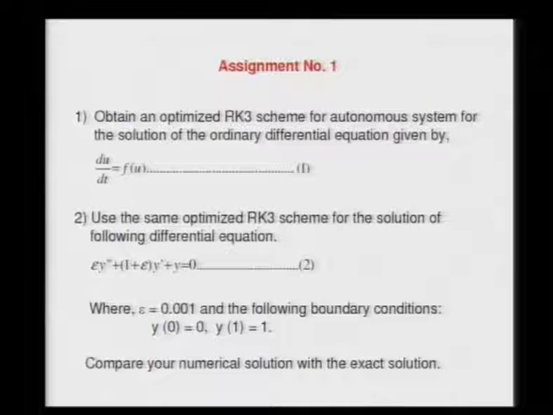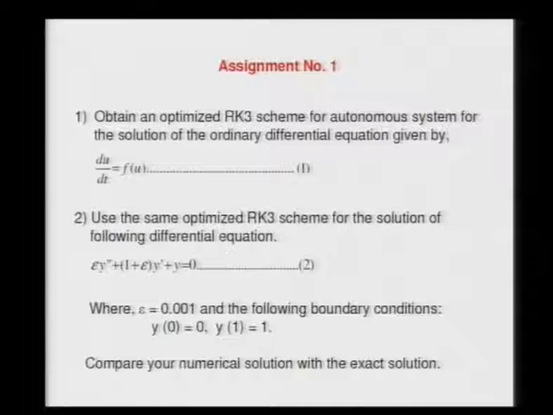Now, in the second part, we want to use the optimized RK3 scheme that you have obtained in the first part to solve the following differential equation. This differential equation, as you notice, has a small parameter epsilon, whose value is given as 0.001, and this small parameter multiplies the highest derivative, y double prime, in this equation.